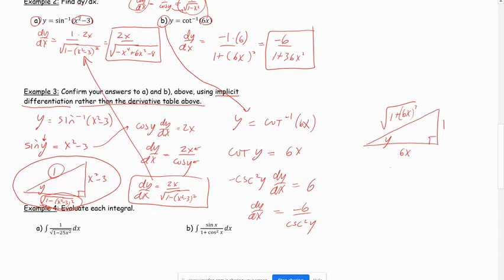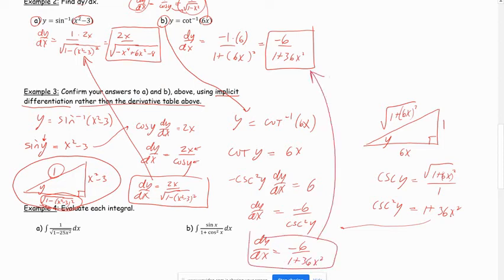And so from this triangle, we can see that cosecant y would be hypotenuse over opposite. And so cosecant squared y would be just 1 plus 36x squared. And we fill that in down here, and we get dy/dx is equal to negative 6 over 1 plus 36x squared. That is exactly the same answer we got when we used the table.